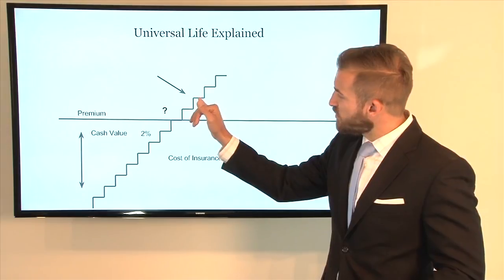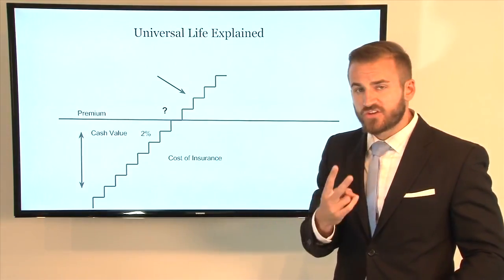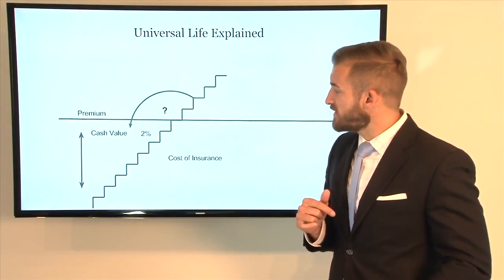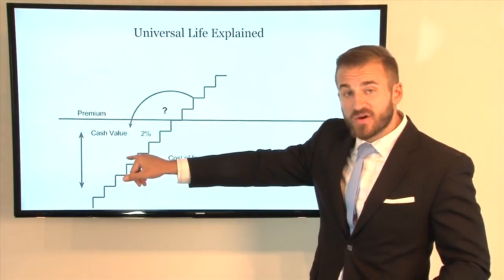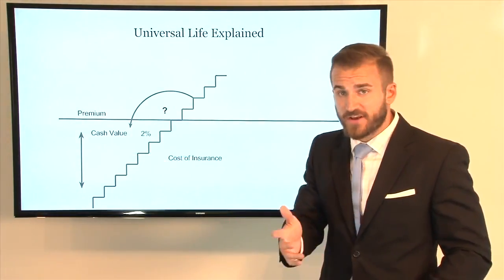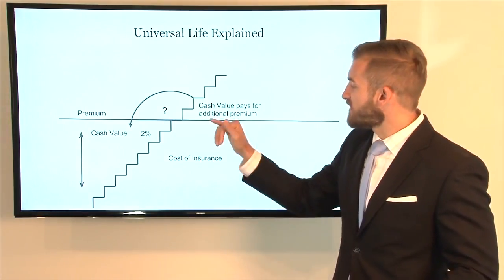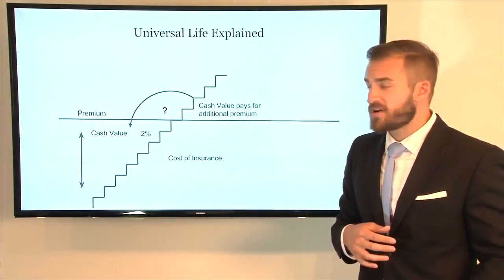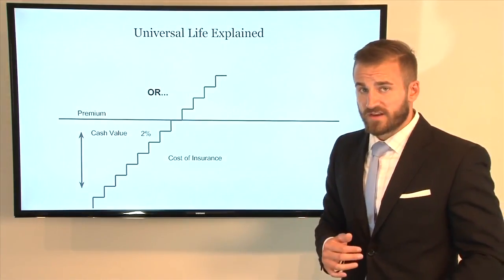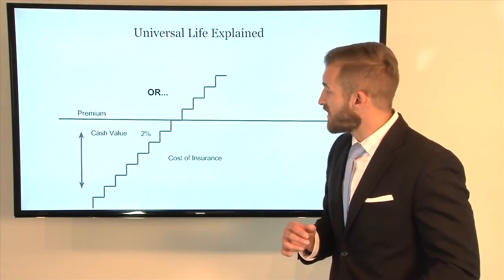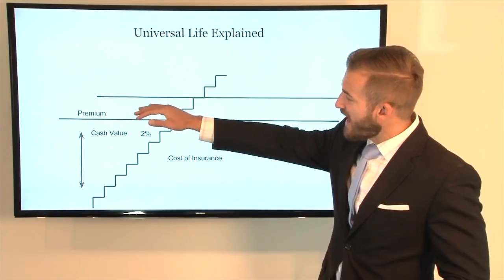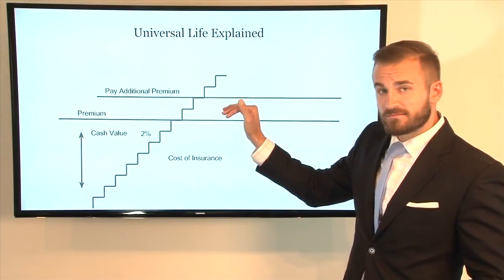So when we reach, say, this level, there are two different options we have. The first option is we can use the cash value that we've accumulated, which is a benefit to you, to pay for that additional premium. We have that ability, right? So the cash value pays for the additional premium. Or what we can do, and not many clients want to do this whatsoever, is we can have a higher premium payment.